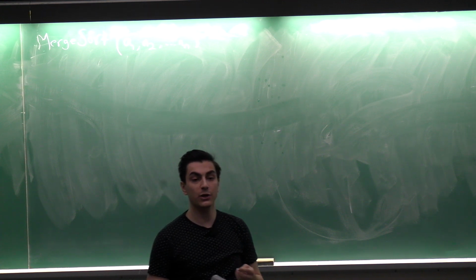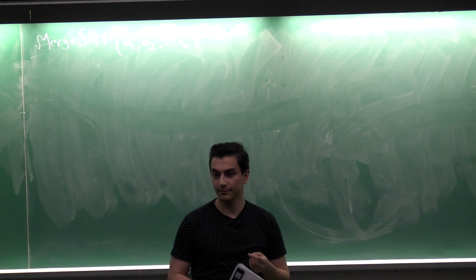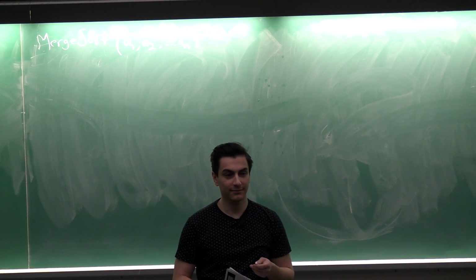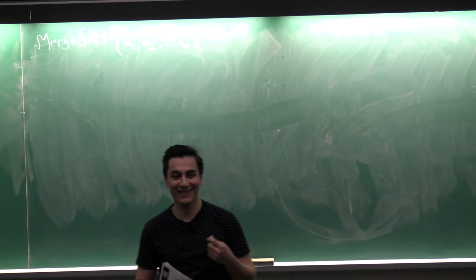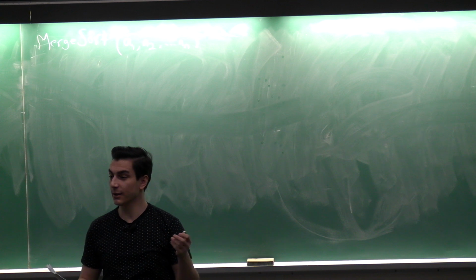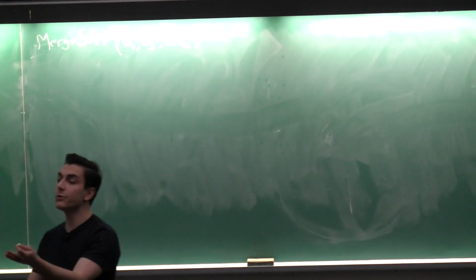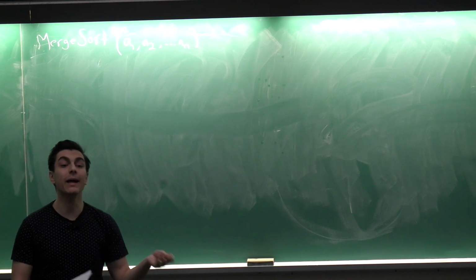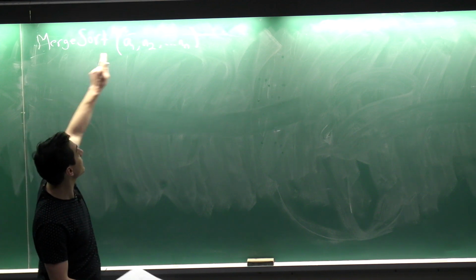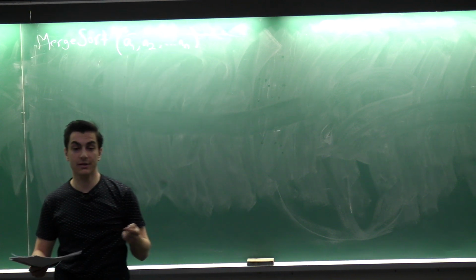What is the first thing that we do? Ideas? You break them into two parts? So whenever we have a recursive algorithm, we have two pieces, right? The base case and the recursive case, right?